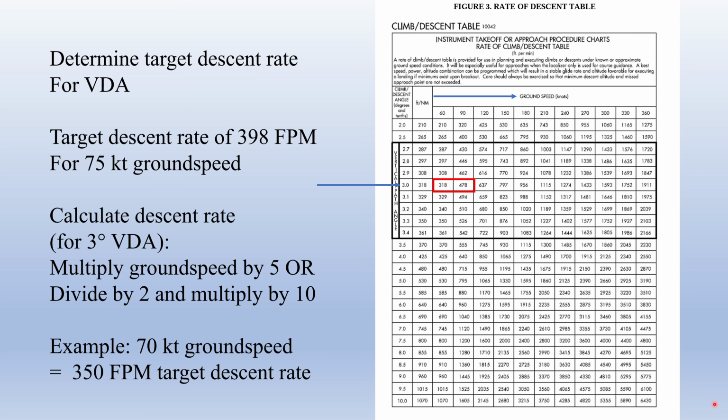So again, that's not going to be quite as accurate. For example, if we look at a 75 knot ground speed using that method, we come up with 375 feet per minute versus the chart says 398 feet per minute. So not exactly the same, but close enough to get you in the ballpark for staying on the glide slope while you're performing the approach, and then cross-checking and making adjustments.